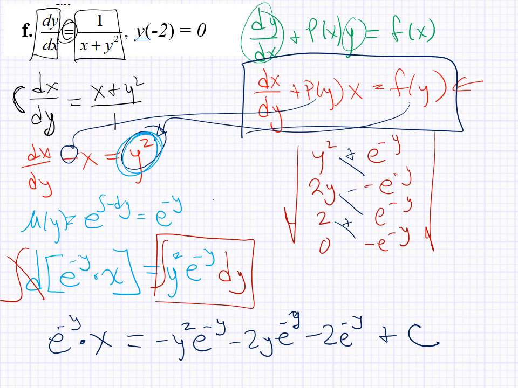In this case, we then solve for x. Instead of solving for y, we solve for x by dividing this through, which would give us -y squared minus 2y minus 2 plus c e to the positive y. Again, because if I divide by e to the -y, it's multiplying by e to the positive y. So we get a solution.